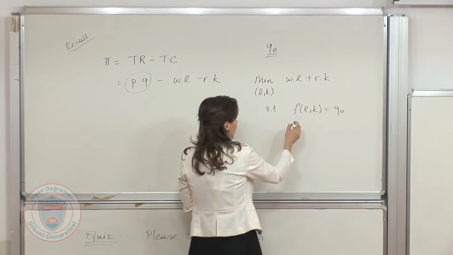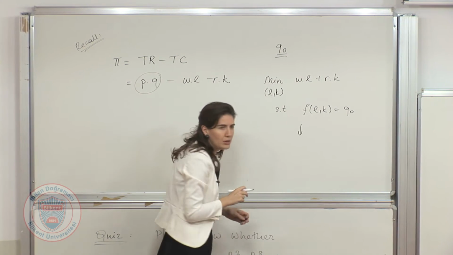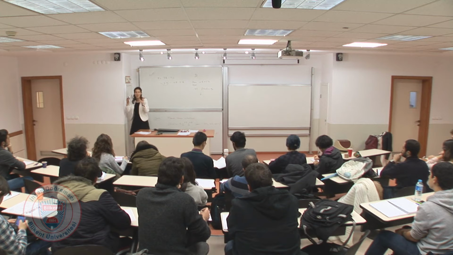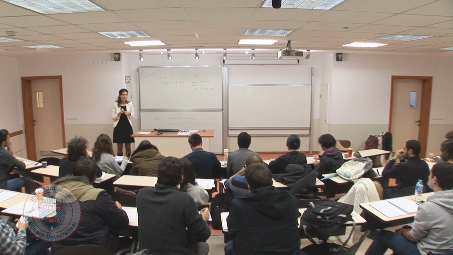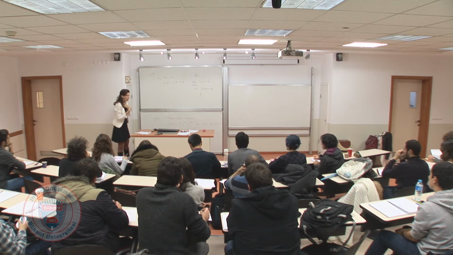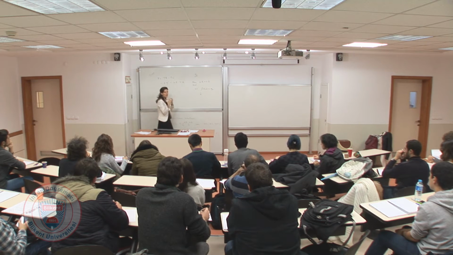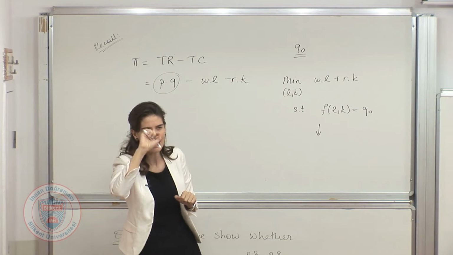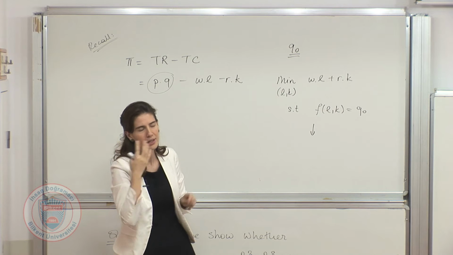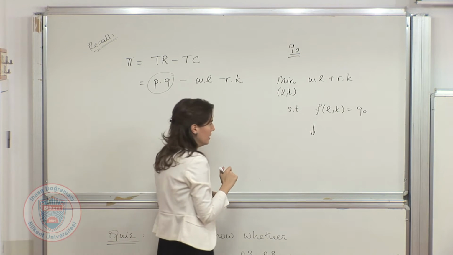And from here, when you solve this problem, how did we call the input demands that we got? They were called what? Do you remember? Because it's a minimization, remember expenditure minimization? It was like X^C and Y^C, and there they were called compensated demands.